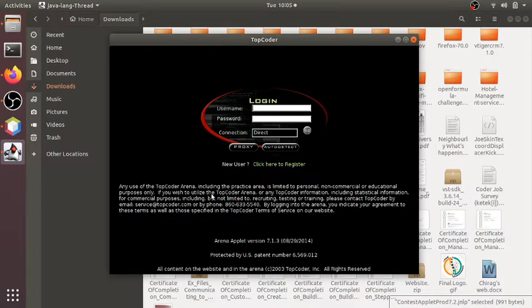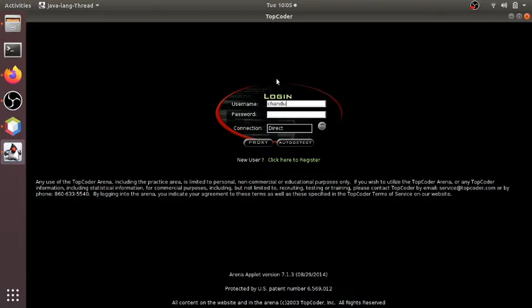It's written that if you wish to utilize statistics for a commercial purpose, not the recruiting, testing, or training, it is not a commercial purpose. Yes, I can do it. So let's do it. There's a phone number also.